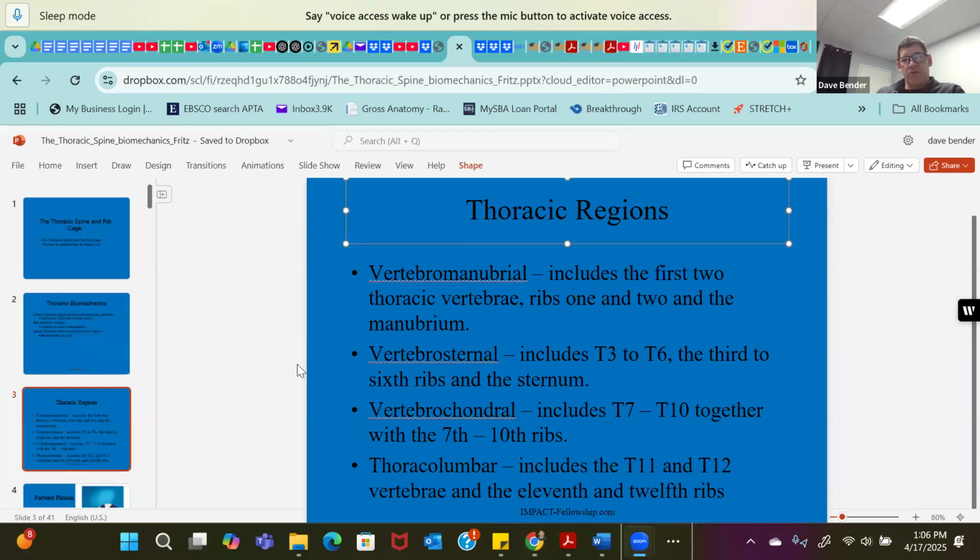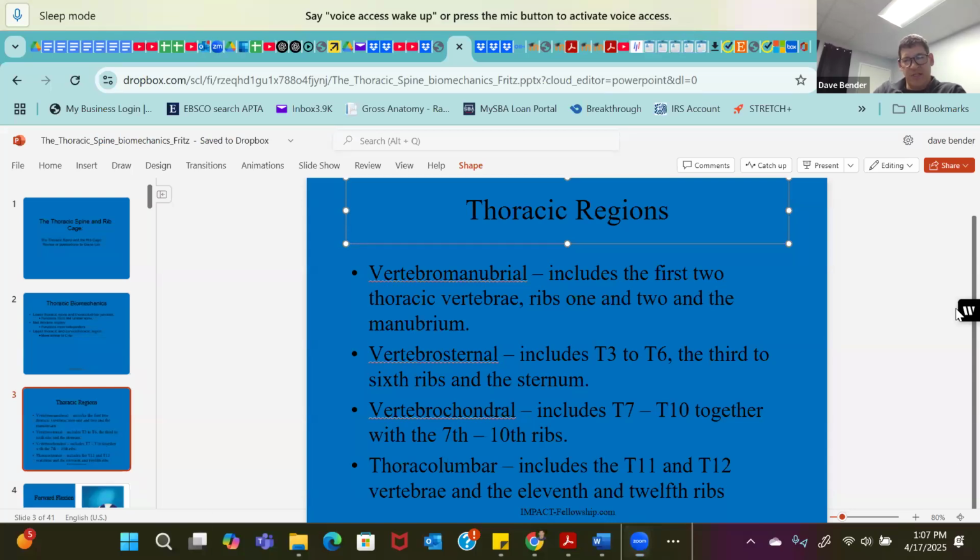The vertebral sternal region, these notes aren't available to you, but I'll send them out, includes the third rib to the sixth rib and these segments as well. This is where the ribs come in and attach more traditionally to the sternum. Then we also have the vertebral chondral region, T7 through T10, where the ribs attach to the costal cartilage in the chondral space.